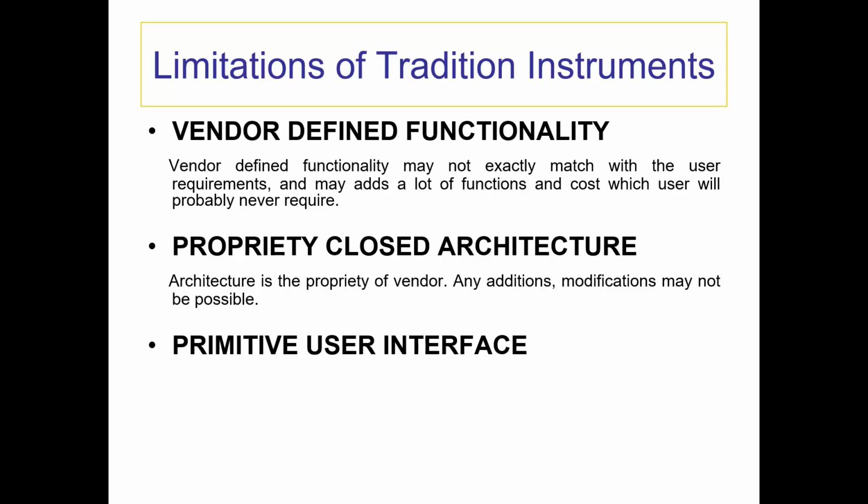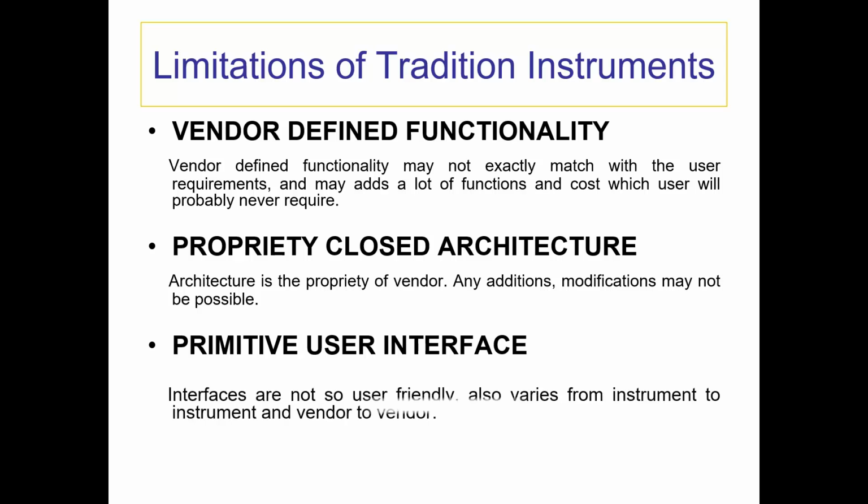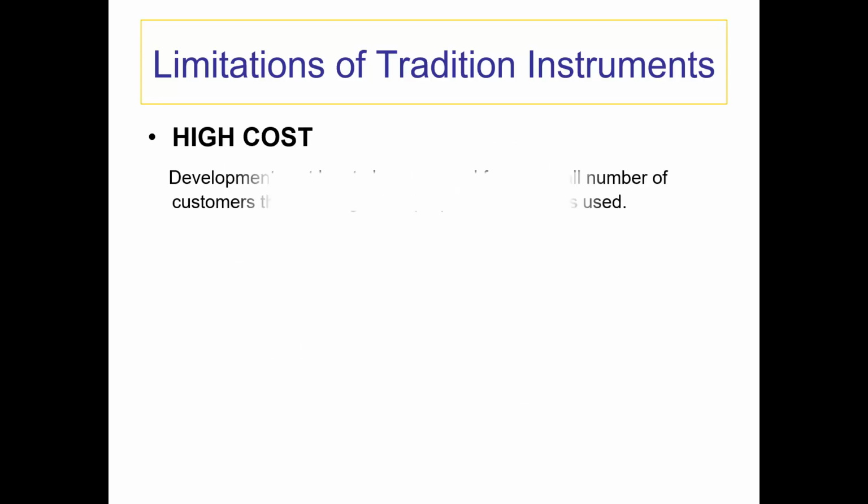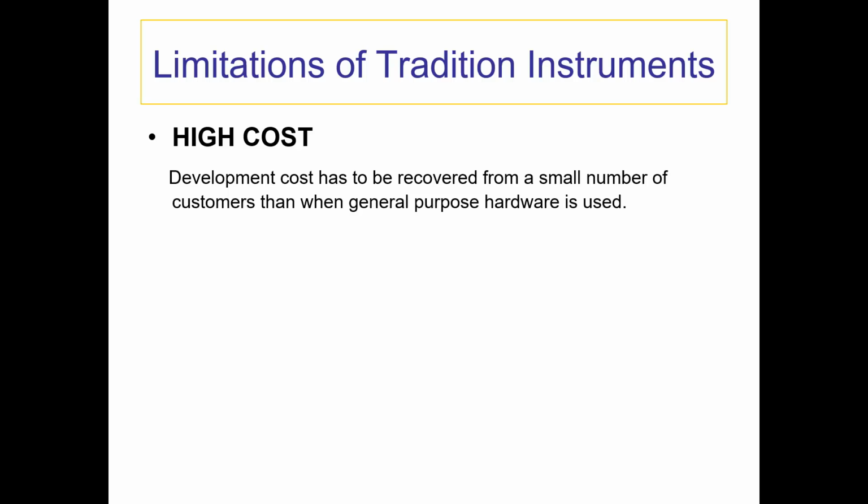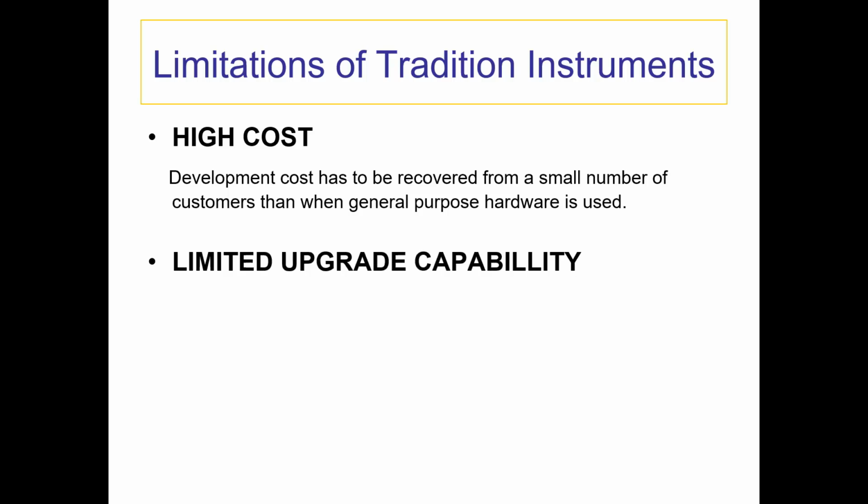Primitive user interface. The interfaces are not user friendly. Also, they vary from instrument to instrument and vendor to vendor. High cost. The development cost has to be recovered from a small number of customers, compared to when general purpose hardware is used, so the cost of the instruments is high. Limited upgrade capability.